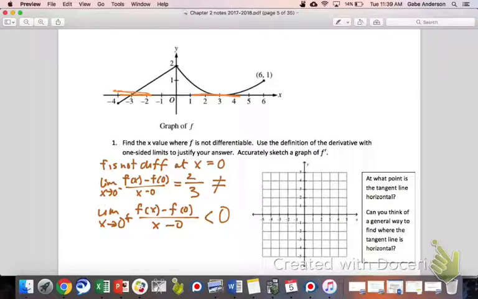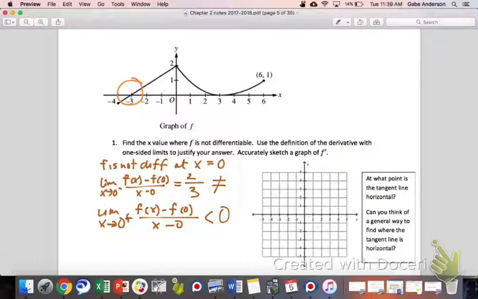F prime is 2/3. Hey guys, listen. This is where we want to clarify what it is we're talking about. We want to avoid using the word it because it can mean lots of stuff, or even the function or the graph. So at x equals -3, f is not 2/3.